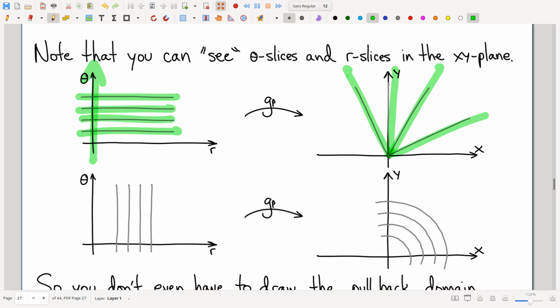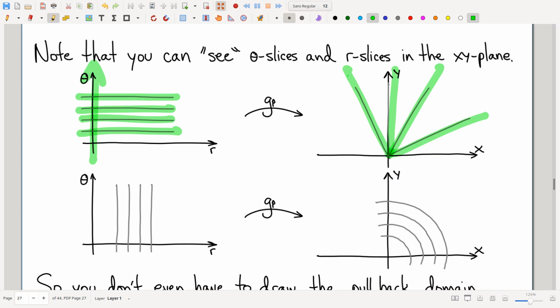So the clever observation, and this is a really valuable one, is that when you're slicing up your pullback domain, you can see that happening on your original domain. Let me say that a little bit differently. You don't even really have to draw the pullback domain, because that process of slicing it up you can see with your original domain.